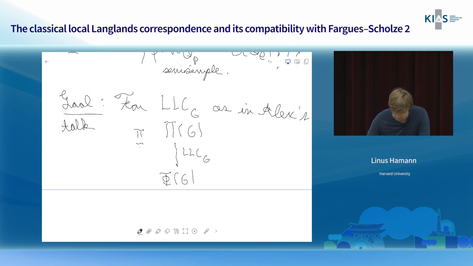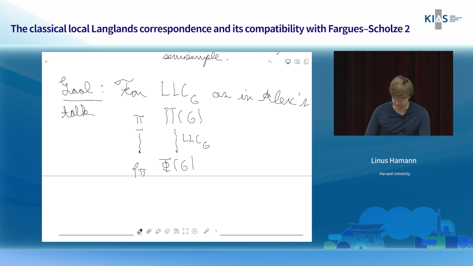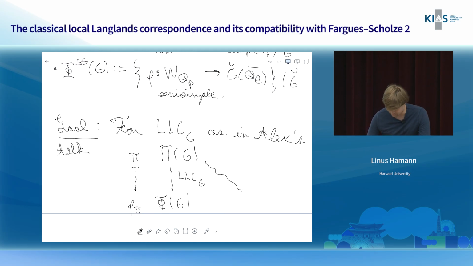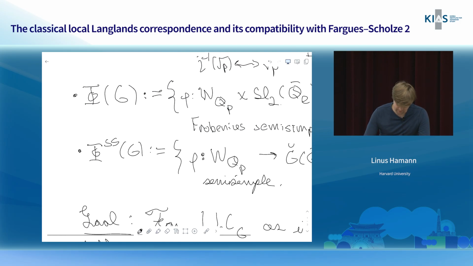As shorthand, when I write phi_pi of a representation, what I really mean is this local Langlands correspondence over here. Well, we want to compare this to the Fargues-Scholze correspondence, so we have some LLC_G Fargues-Scholze that maps this to the set of semisimple parameters. And then we need to somehow compare these two things.